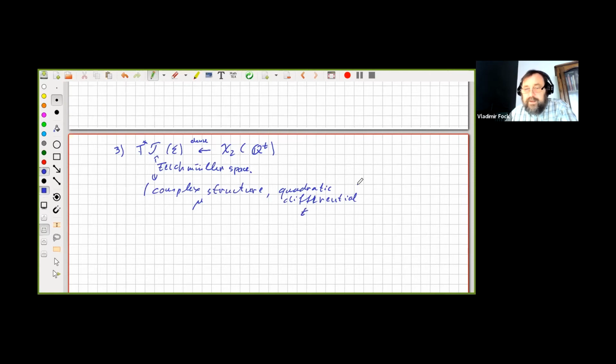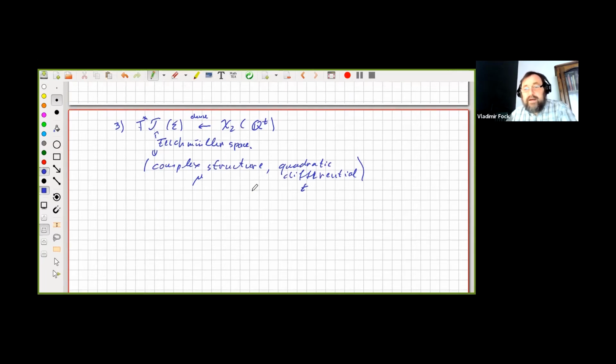And this data defines a spectral curve, which is a double covering of our original curve.